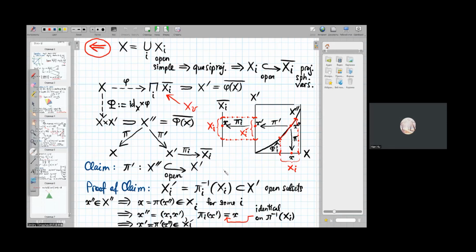I see. Well, actually, let me reveal some secret. This argument which I presented is actually the same as the one which proves the Chow lemma.